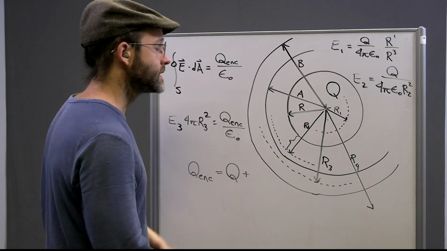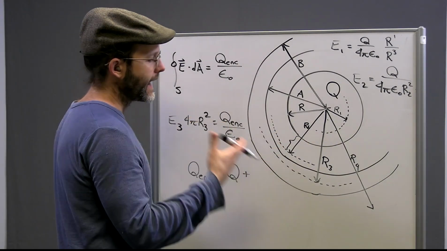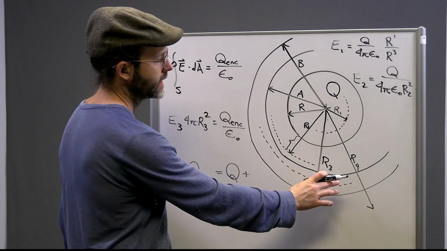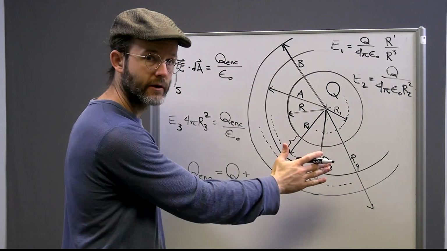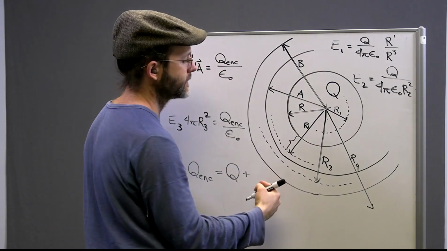Its material is different than the insulating material here, and the outcome of that is that a conducting material does not support static charge inside of it. It only supports charges on its surface.